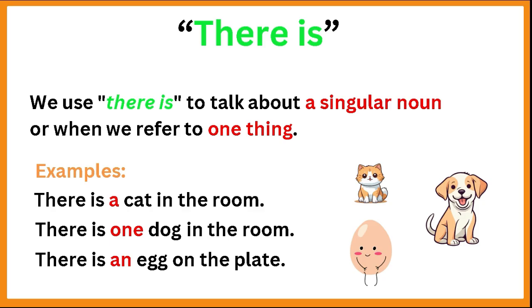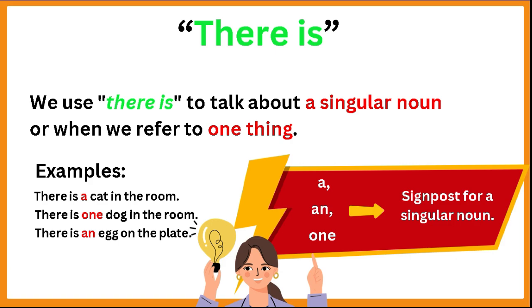So please bear in mind the expressions in color: a, one, and an. A and an are articles, and one is a singular number.